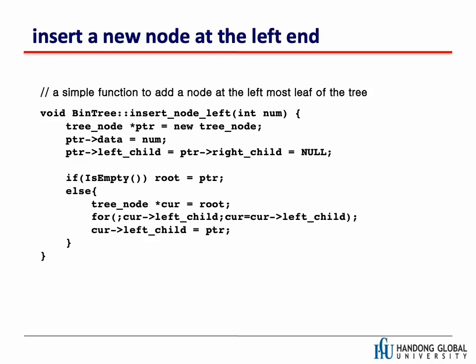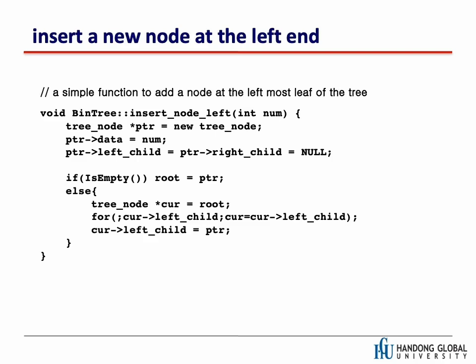Root is pointing to the root node of the tree, and we have to find the leftmost leaf node. So we declare one tree node pointer cur, and cur starts from root, and cur will move to the left child as long as cur left child is not null. We have a semicolon at the end of this for statement, which means we don't do anything iterating this loop.